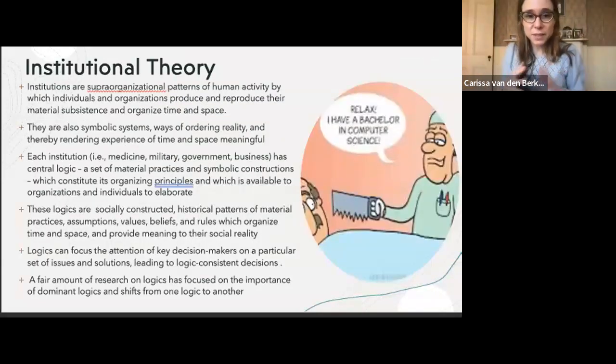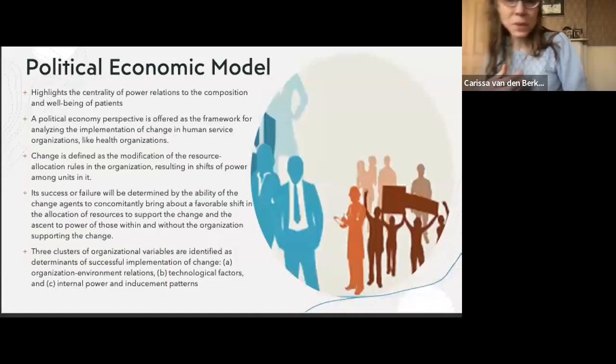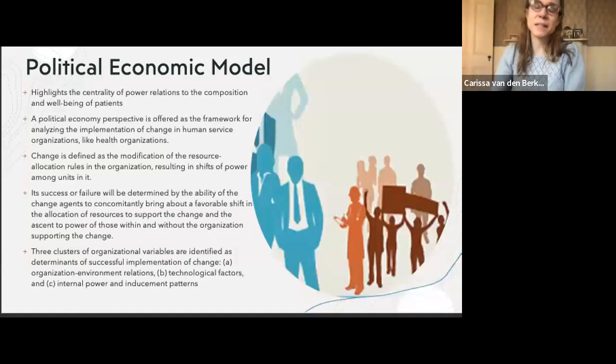I'm going to bring this one up first because it's a little easier. This also brings up the political economic model. This is a very important model that came out, I don't actually know the date it came out, I think it was very early, in the 1900s, but it highlights the centrality of power relations.